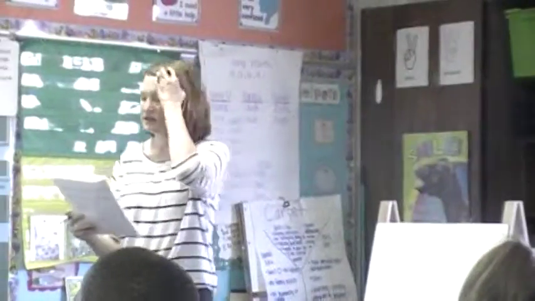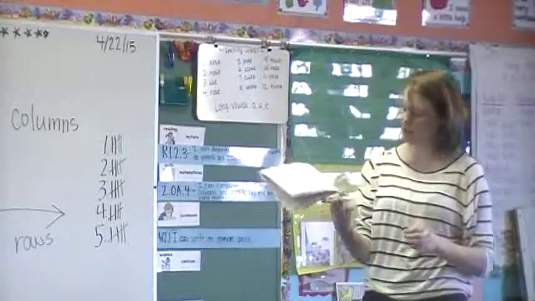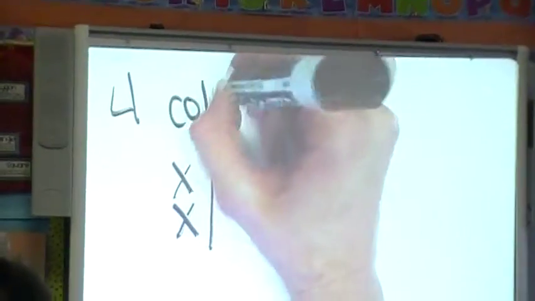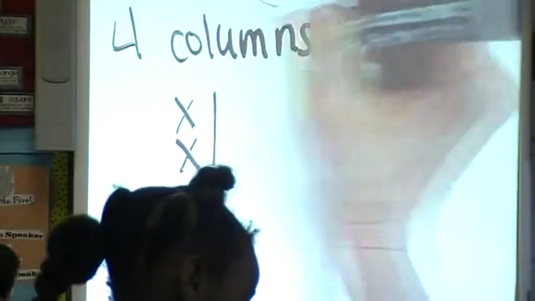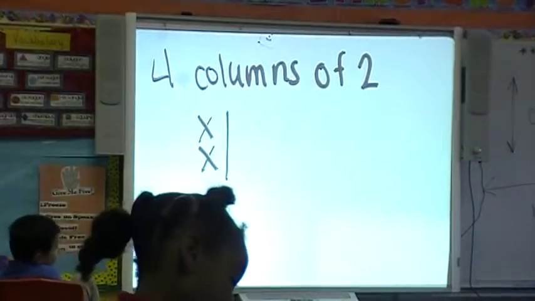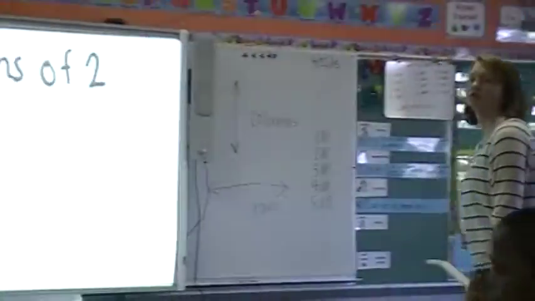All right. Here's my X's. Here's my column. Here's my 1 column of 2. All right. I need to make an array with 4 columns of 2. What do I need to do next, Destin? I need to make 4 columns.